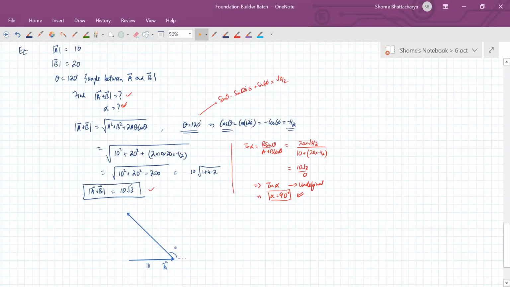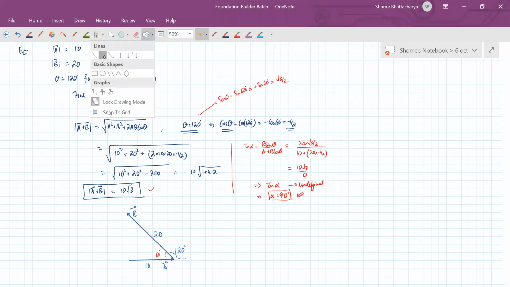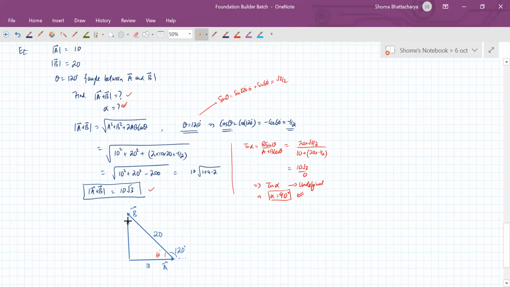So it will just help us show that if this angle is 120, okay, then this internal angle should be 60. And you can see that cos 60 is half. So indeed, when you join this, you will get a right angle triangle. So it's just justifying that this calculation is correct.